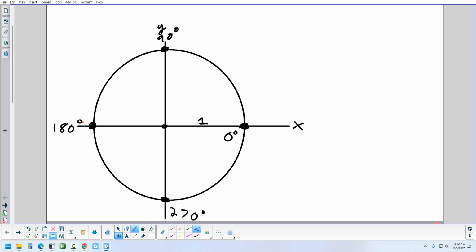Remember, an angle has two sides. One side is the initial. The other side is the, anyone remember that name? The initial side, and then the, what's the other side of the angle called?